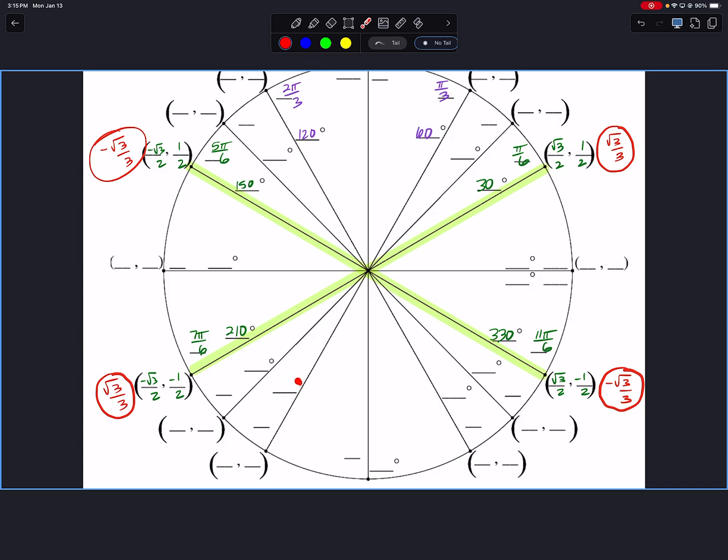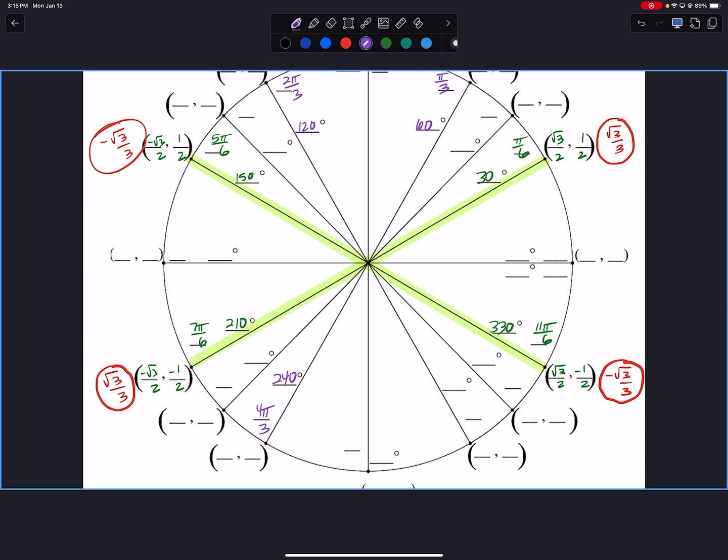What does this measure right here? 240, which is how many radians? Yeah, 4 pi over 3. Don't forget your pi. That's the best part.